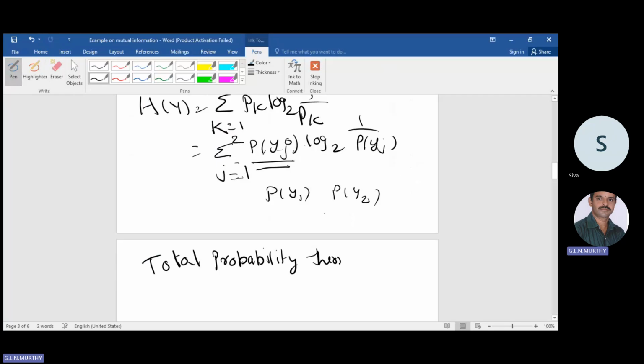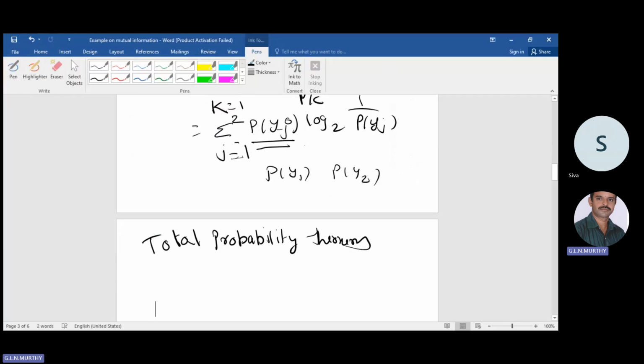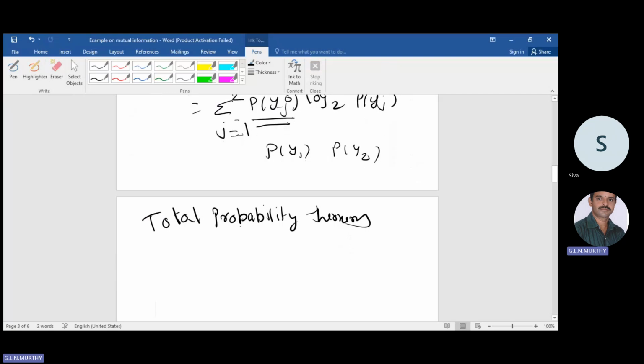According to the total probability theorem, P of A equals sigma n equals 1 to m P of A upon Bn into P of Bn, when there exist mutually exclusive events Bn and another event A is defined on this sample space.